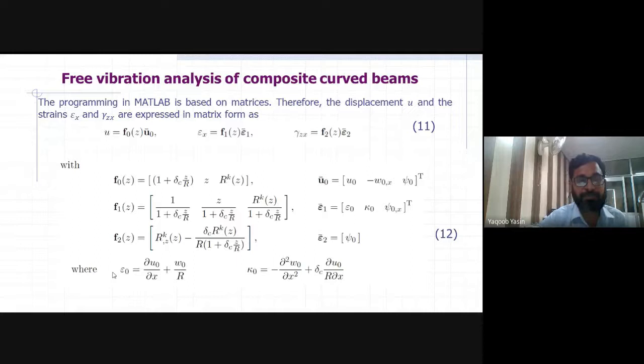So here we have function f1z, which is obtained like this, and epsilon 1 is the derivative of the displacements or the strains, where epsilon naught is equal to del u by del x and w by r and so on. Similarly, we can find the shear strain in terms of functions f2z and epsilon 2, and the functions are defined here, equation number 12 again.